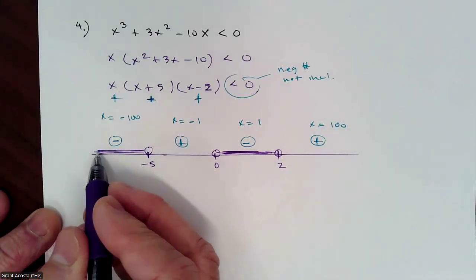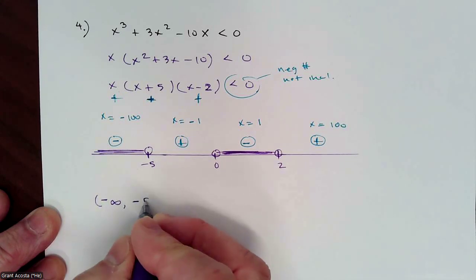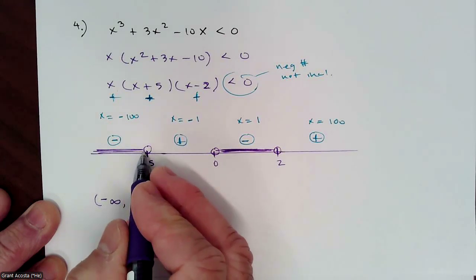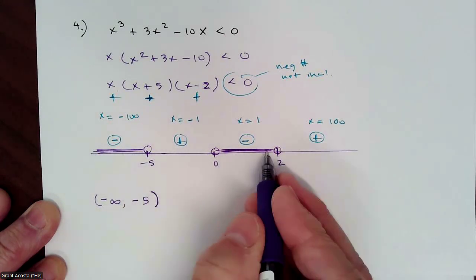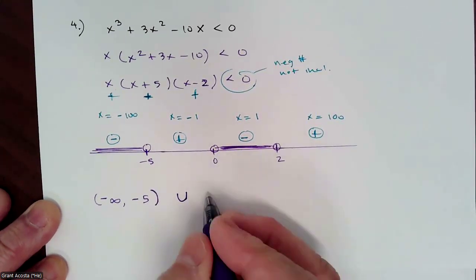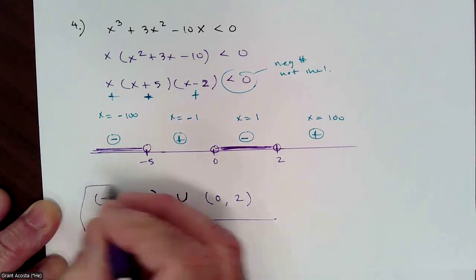So in interval notation, that goes as far as -infinity to the left, -5. This time we don't want to include the 5. We want those numbers or these numbers. So now we'll use the union from 0 to 2, parentheses 0, comma 2, parentheses as well.